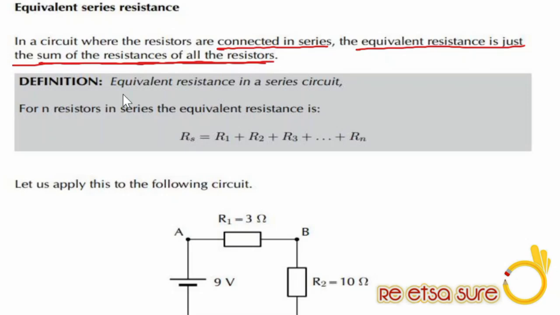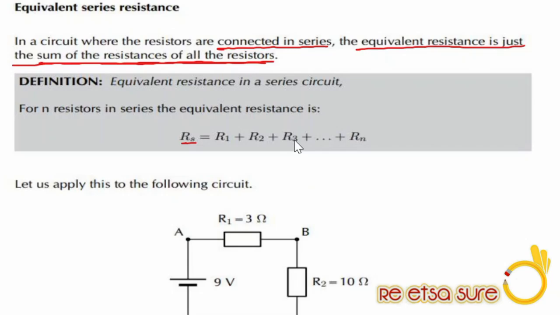So the definition says that for n resistors in series, the equivalent resistance R total for series is equal to R1 plus R2 plus R3. It will depend on how many resistors are given. So in a situation whereby you are given 3 resistors, obviously you'll make use of this equation, but you will have to say R1, R2 and R3.